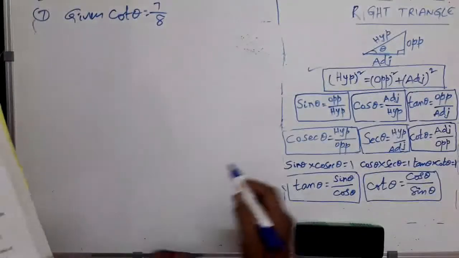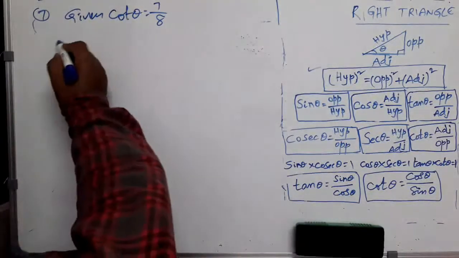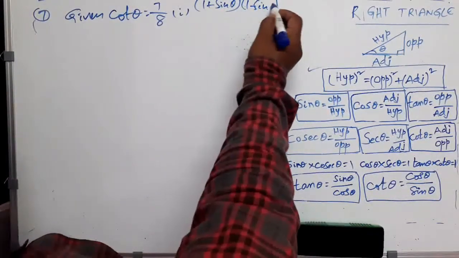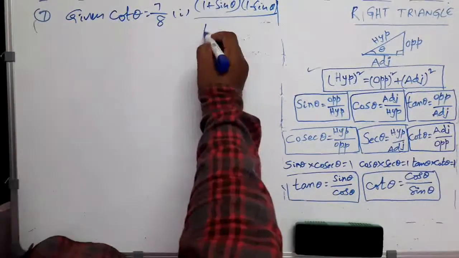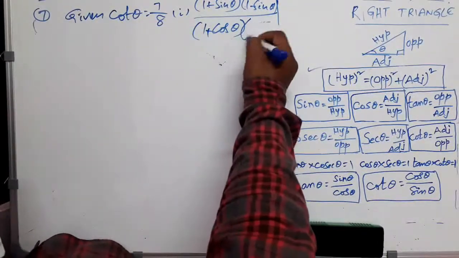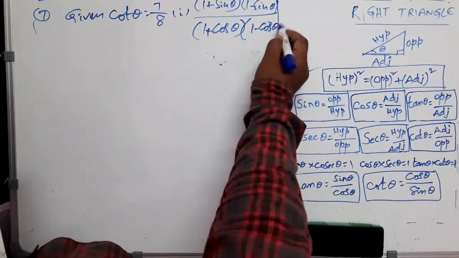Given cot theta is equal to 7 by 8, then evaluate. This has two parts. The first part is to find the value of (1 plus sine theta)(1 minus sine theta) divided by (1 plus cos theta)(1 minus cos theta).